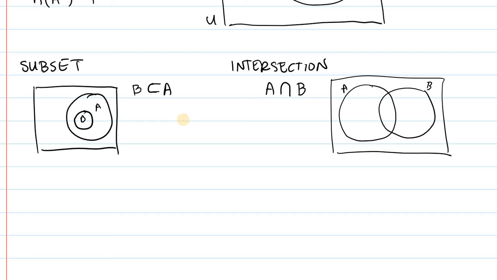Well, the intersection was the place where the values in set A overlap with the values in set B. So when we think about a Venn diagram, we're talking about this place where the values of A overlap with the values of B.